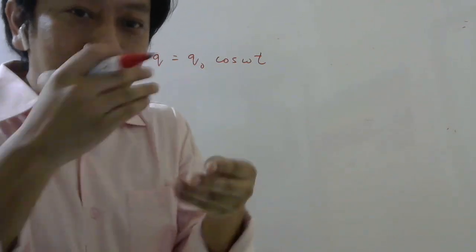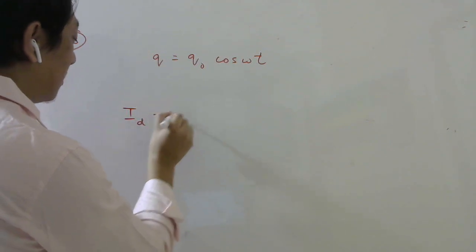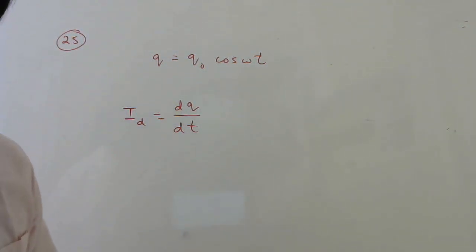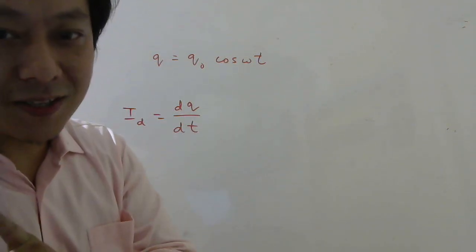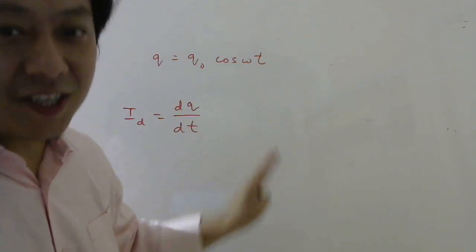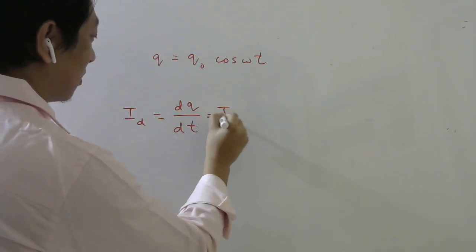If you do that and if you keep simplifying, you will get this only. Displacement current is same as dq by dt. If you remember the discussion on how Maxwell removed the inconsistency in Ampere circuital law, you will find displacement current is same as your conduction current. So just you have to take that differentiation, which is your conduction current.